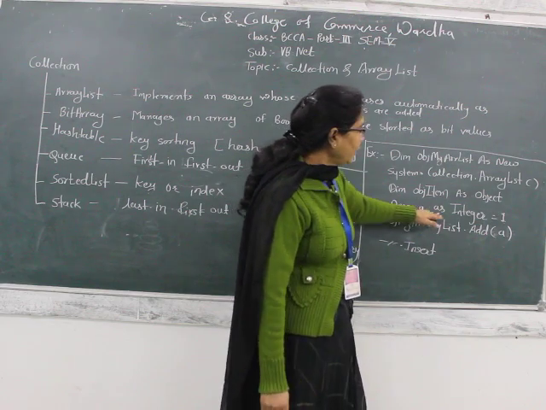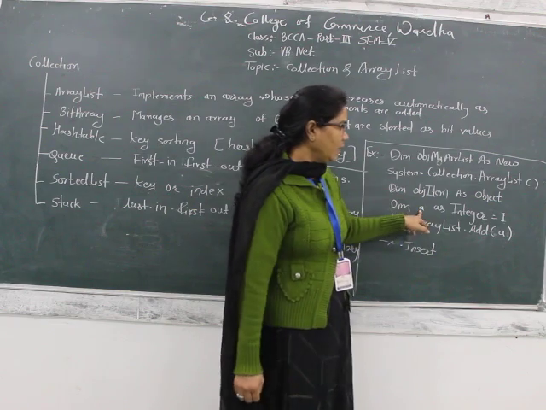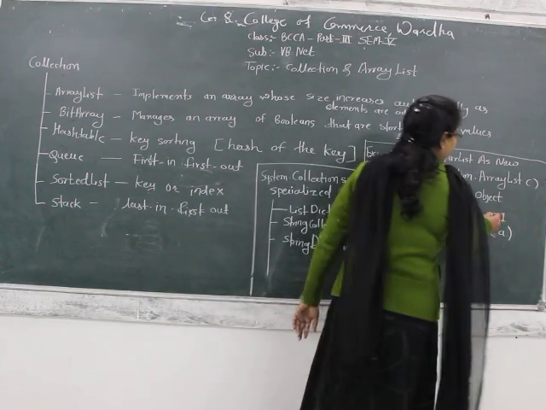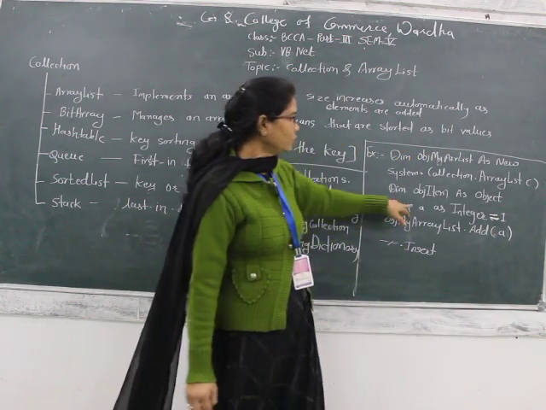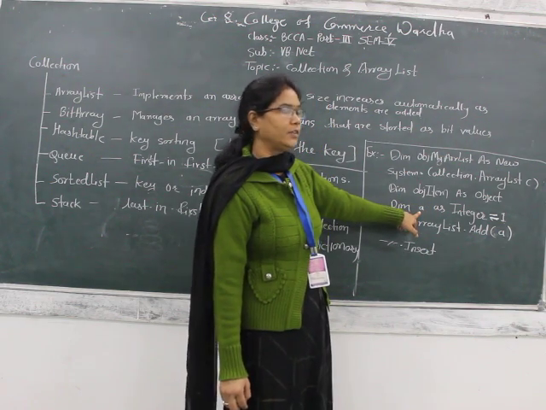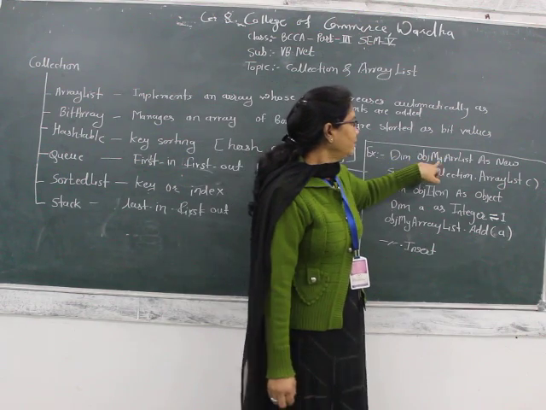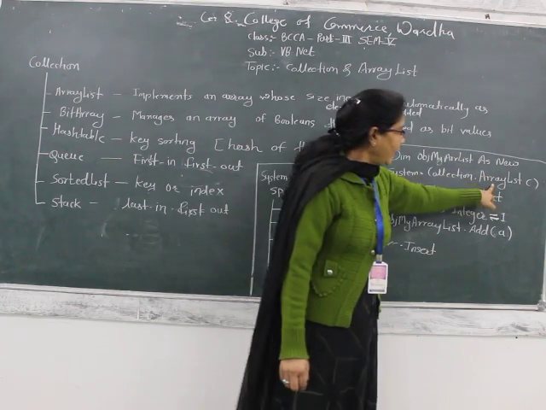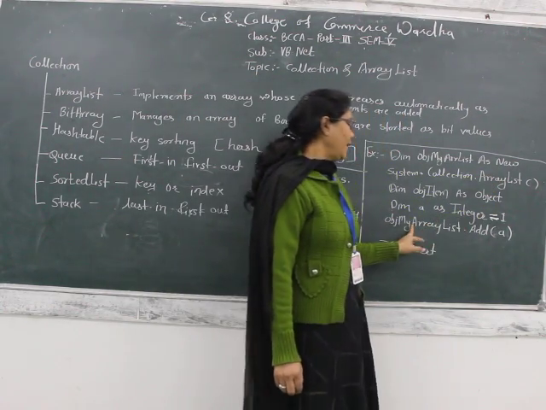Next one, Dim a As Integer. That means I am declaring the variable a whose type is integer and the value is 1. That means I am assigning the value 1 here. So now the variable a has the integer type with the value 1. Now obj my array list is nothing but the object of array list, and I am going to add this 1 into the array list.